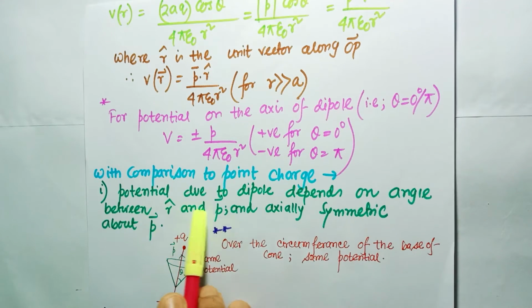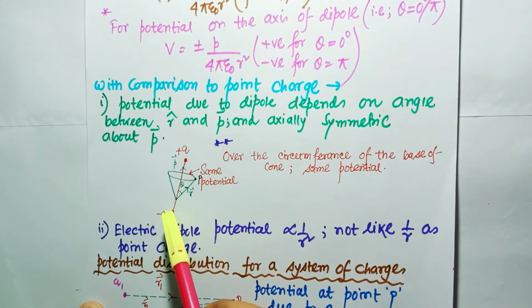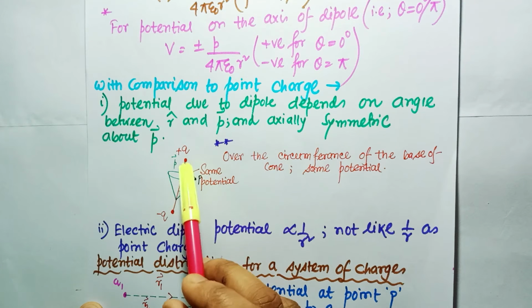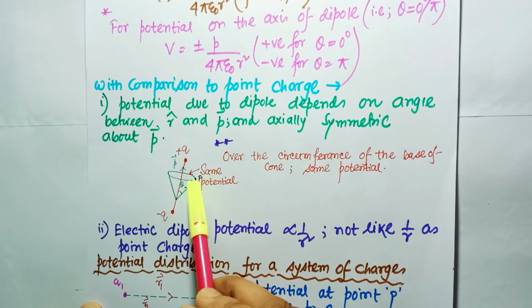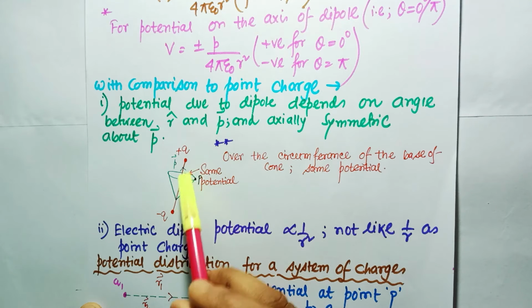The potential due to a dipole depends on the angle between r cap and the dipole moment p, and is axially symmetric about the dipole moment. Suppose this is the minus q charge here and this is the plus q charge, which constitutes a dipole, and suppose the position vector r makes an angle theta with the dipole axis.